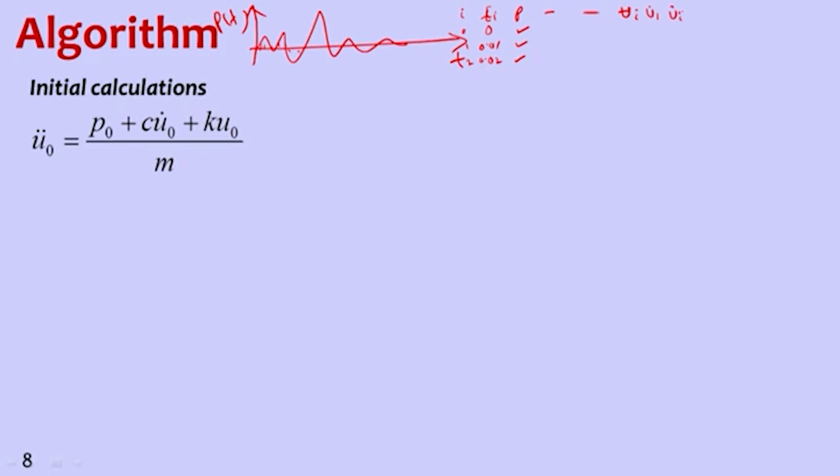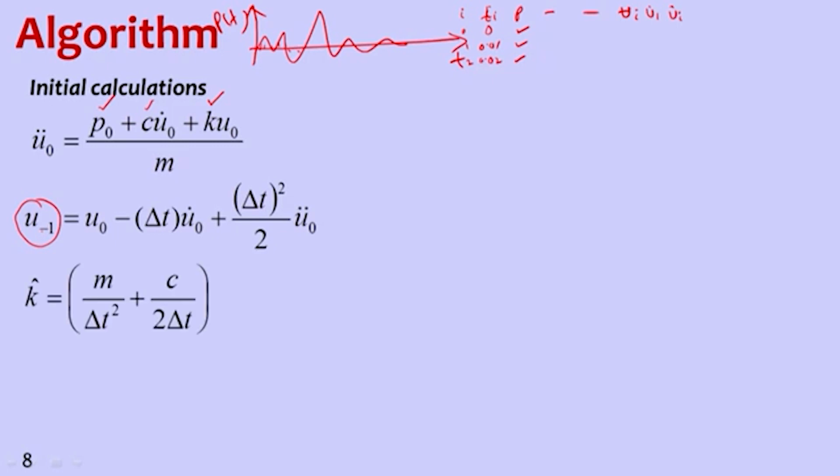Now how do we go about initial calculations? From the given system, we already know the P0 value, the damping value is given in the system, and the stiffness value is given in the system. Initial velocity we assume, initial displacement we assume, and we get initial acceleration. From initial acceleration we get the fictitious displacement term, the u minus 1 term.